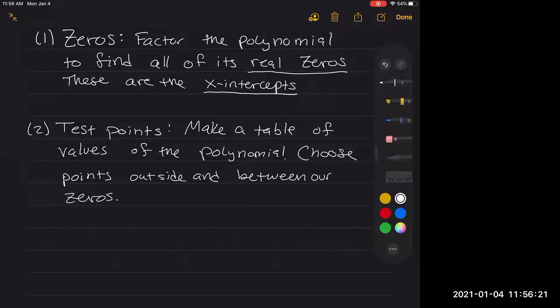Okay, so this will let us know if the values are above or below the x-axis. So if we know if we just have like a point that just kisses the x-axis, or if we have a point that goes through the x-axis and into either up into the positive area or the negative area. And 3, we need to look at our end behaviors.